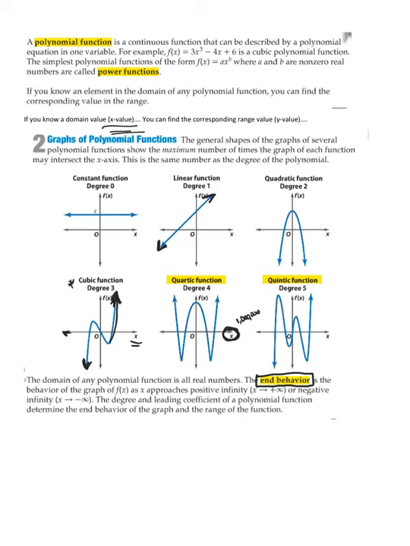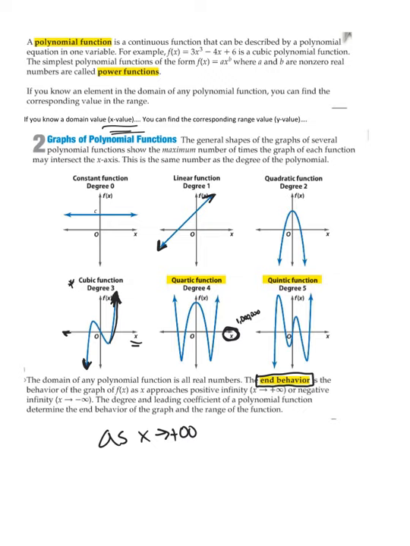Beyond that would be 2 billion, 3 billion. So x goes on forever. When we describe end behavior, we describe it as x goes to infinity. In fact, we'll say positive infinity.